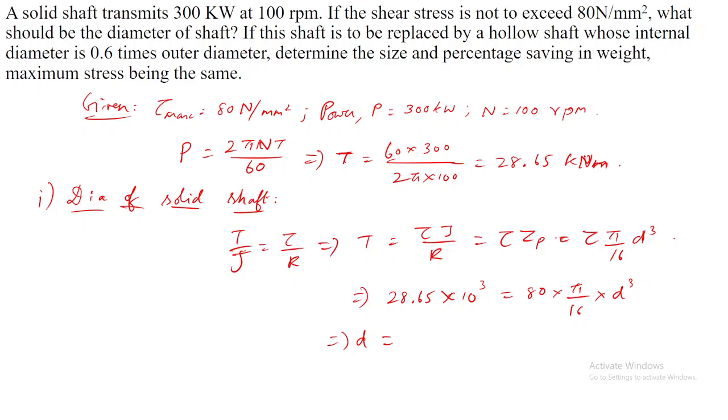Gravity is constant, and these two are made of the same material, so density is also constant. So the only variation is in the volume. So the percentage saving in volume will be the percentage saving in weight. Percentage saving in volume is nothing but area into length. Here length also remains the same, so the only saving you have to obtain is the percentage saving in area. That is the last thing you have to calculate. Okay.